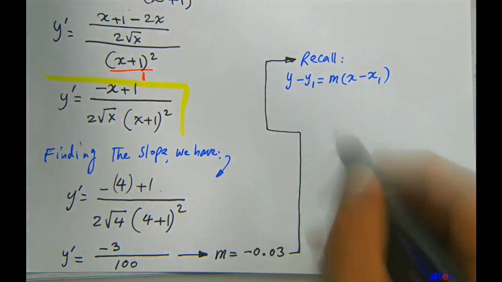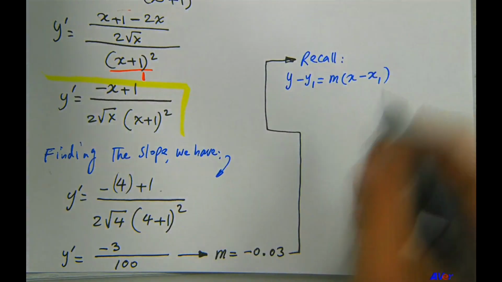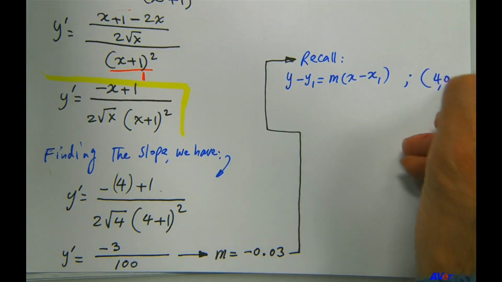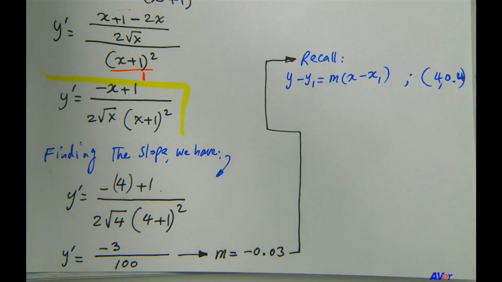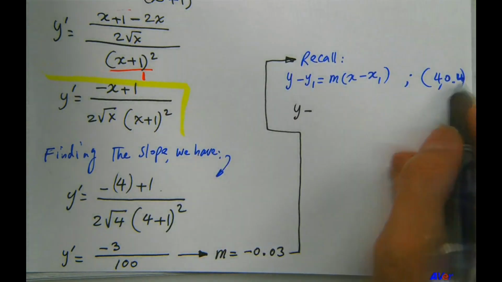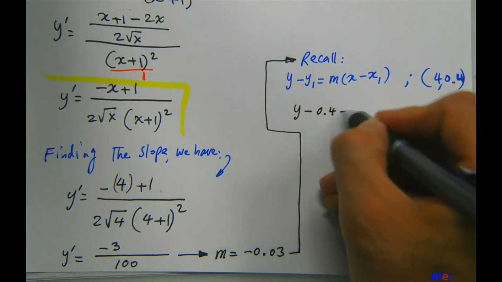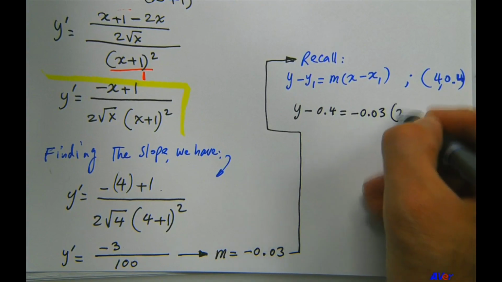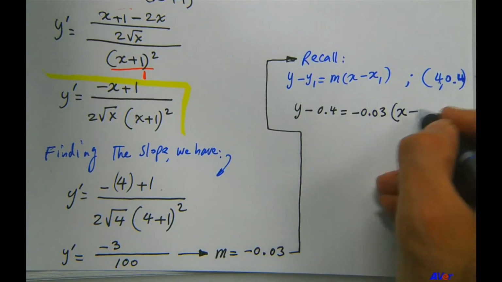And we're finding this equation at this point, 4, 0.4. And we found the slope, which is minus 0.03. So let's plug in. y minus 0.4 equals m, which is minus 0.03, times x minus x1, which is 4.